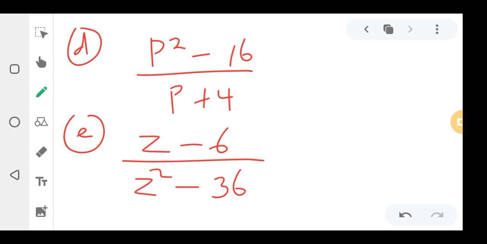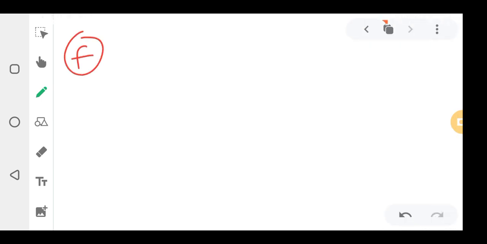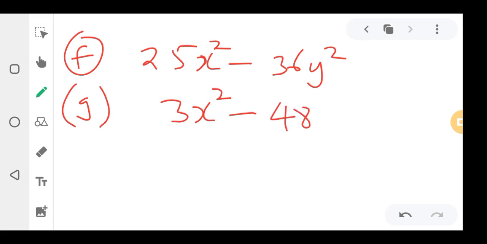Okay, and then the next question is going to be, we are simplifying this, 25x squared minus 36y squared. And then we've got 36 squared minus 48. I'm simplifying that.